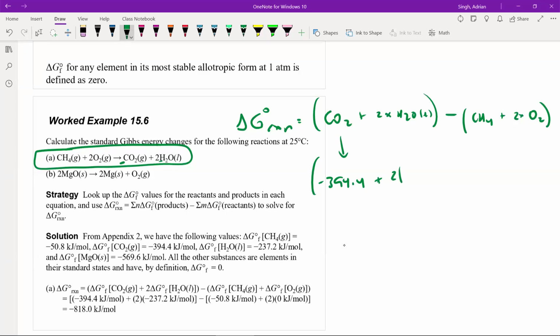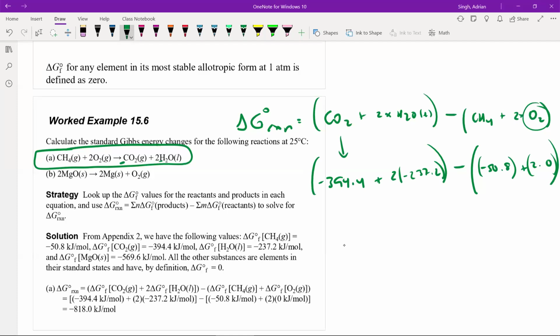H2O liquid is negative 237.2, minus the sum now of the reactants. So CH4, look that up, that's negative 50.8. And then for oxygen, because oxygen is an elemental form, the most stable allotrope of oxygen, that's going to be 0 kilojoules per mole.